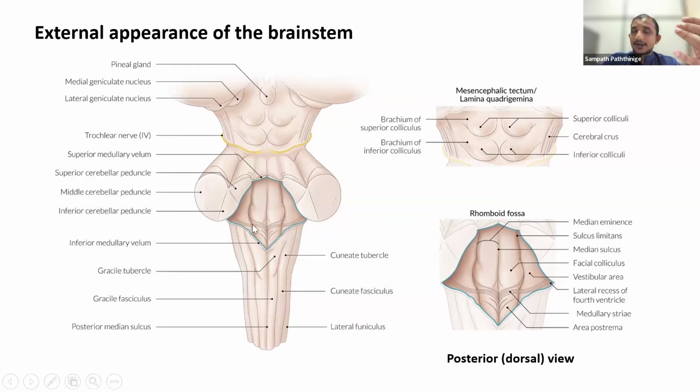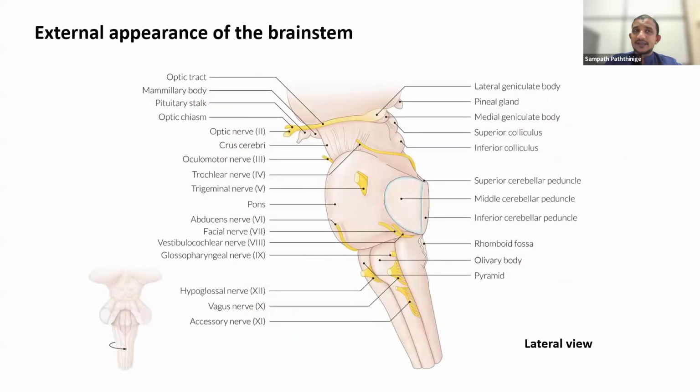So this upper part of the medulla, we call the open medulla because it is open posteriorly. Then in the midbrain, there are four structures. We call these the superior and the inferior colliculi, right? So those are the main external features. And having knowledge about this helps in drawing a cross section of the brainstem, right?